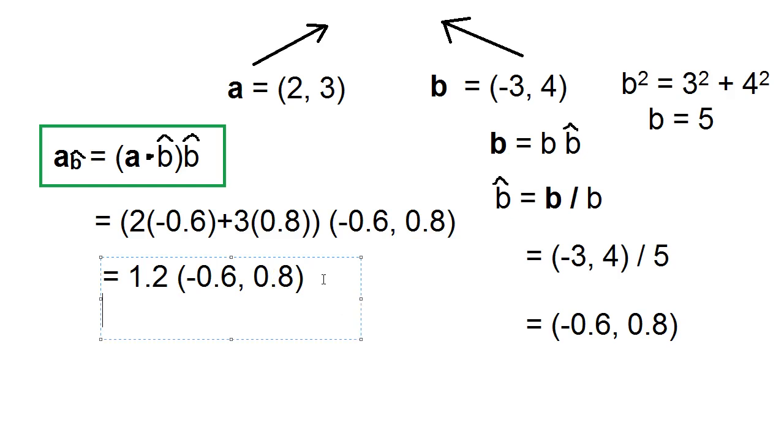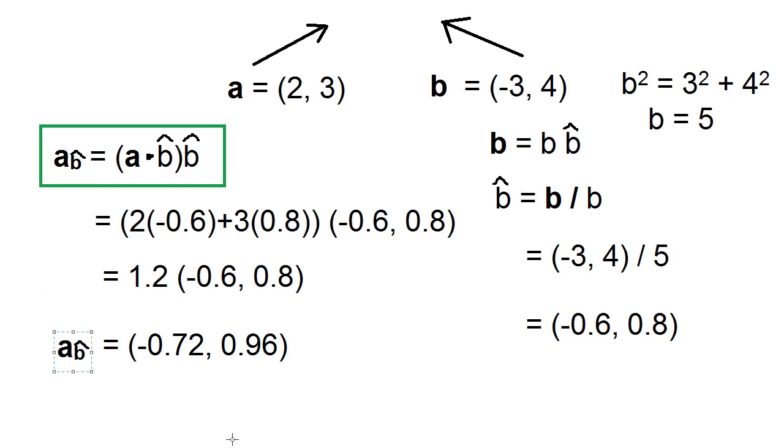Now, just like with dividing, when you're multiplying a number by things that are in brackets, you're going to multiply both numbers by it. So 1.2 times negative 0.6 is negative 0.72, and 1.2 times 0.8 is 0.96. And what this will give you, once we're all said and done, is the part of vector a that points in a particular direction.